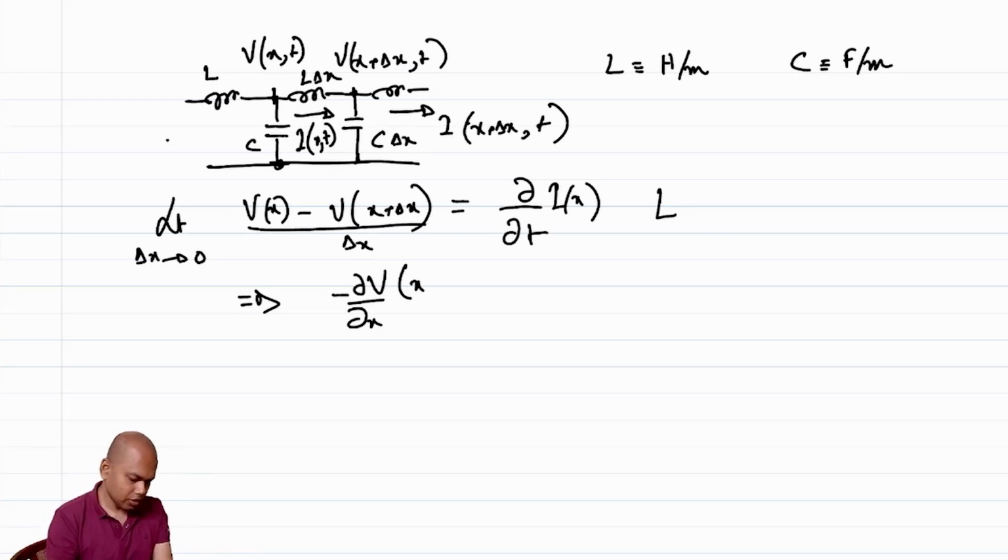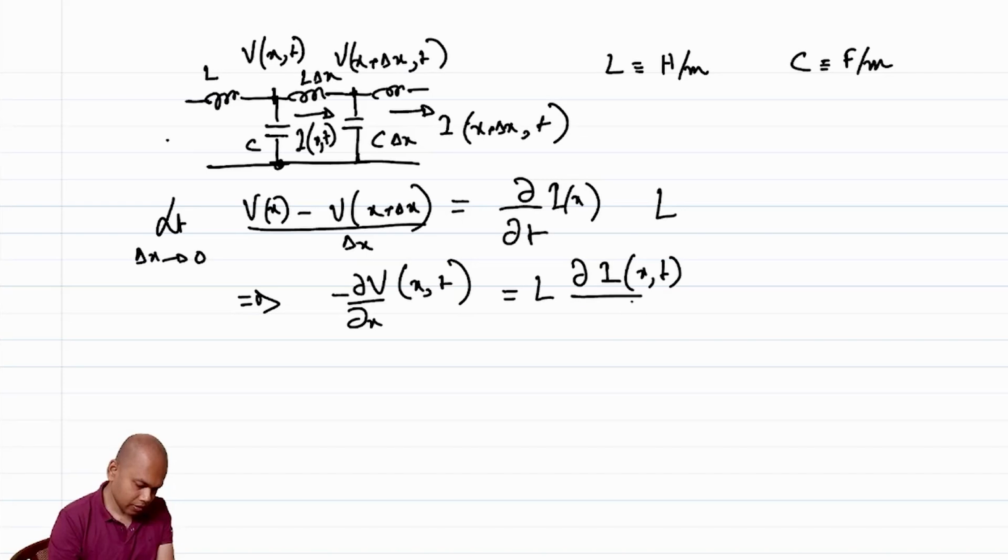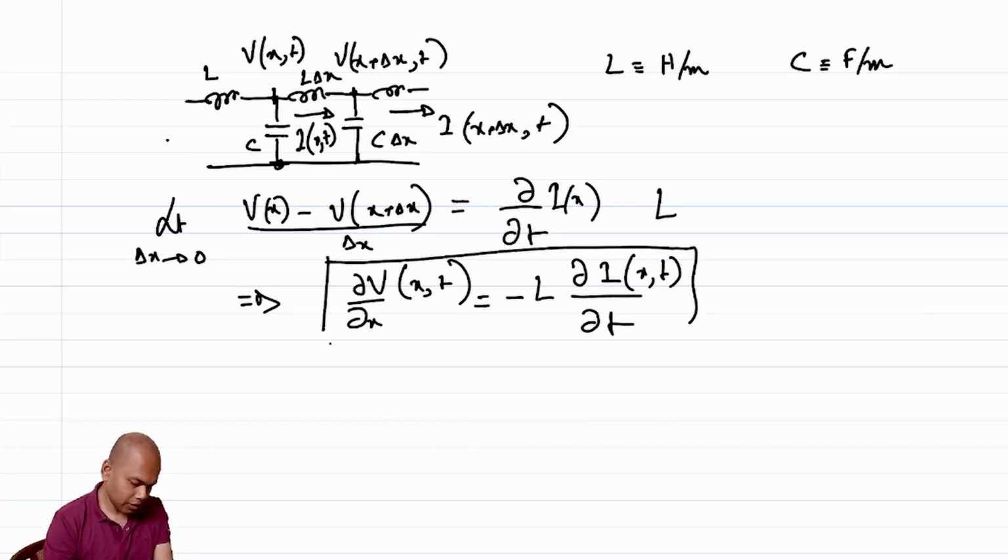So this is minus dou v dou x comma t is equal to L dou I dou t, and if I move the negative sign to that side, I'm going to get this. This is one equation.